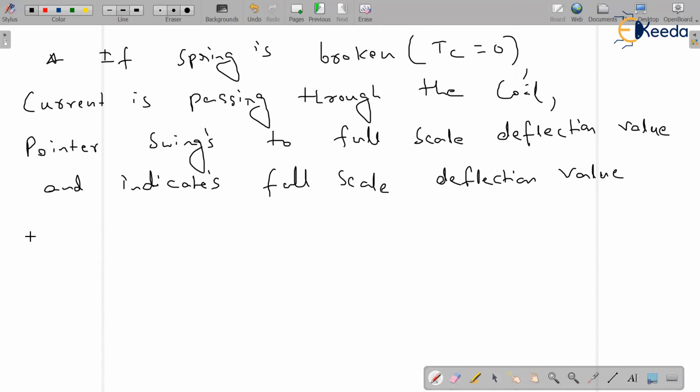The next step, air friction damping is used.